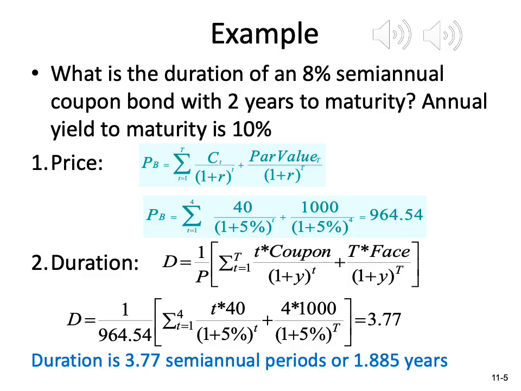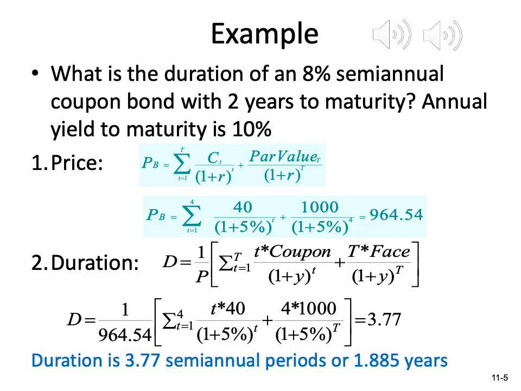When you plug in all these numbers, you calculate the duration, which is 3.77 periods, because we are talking about 6 months. So 3.77 is the semi-annual periods, divided by 2, which is 1.885 years. So the duration of this bond is 1.885 years.